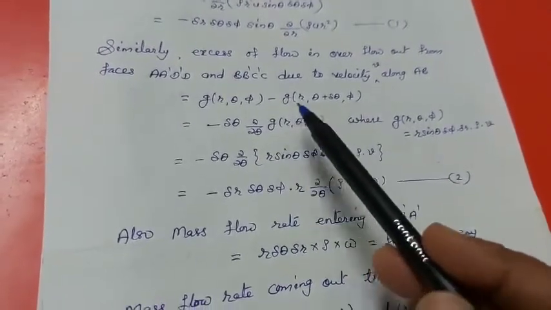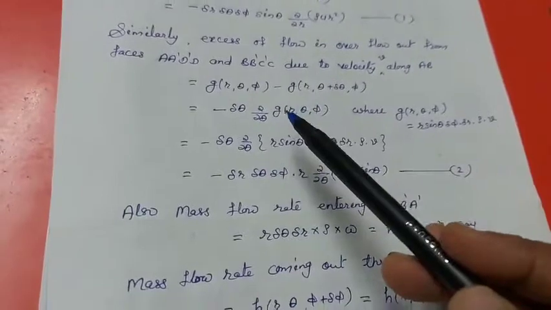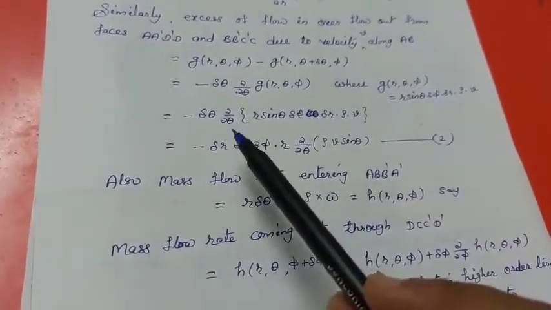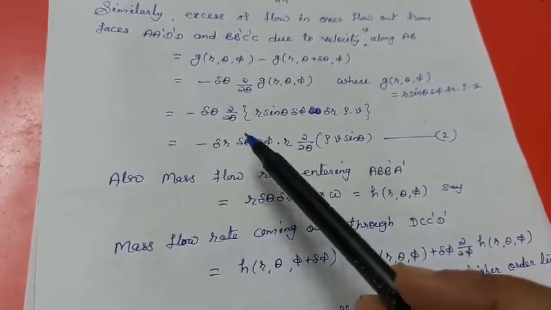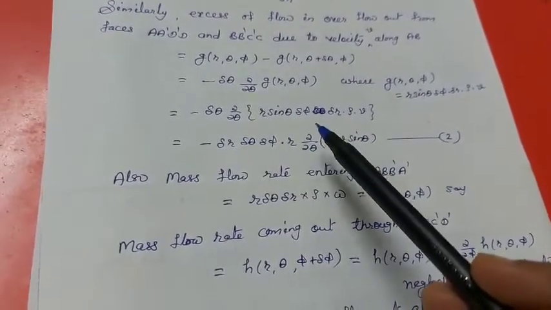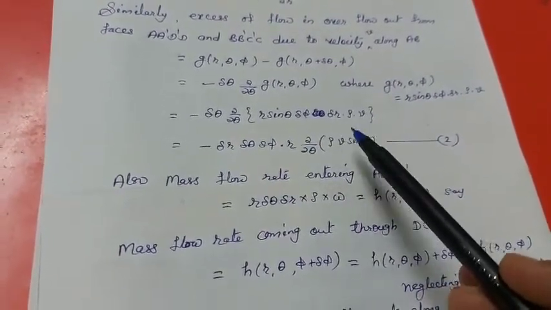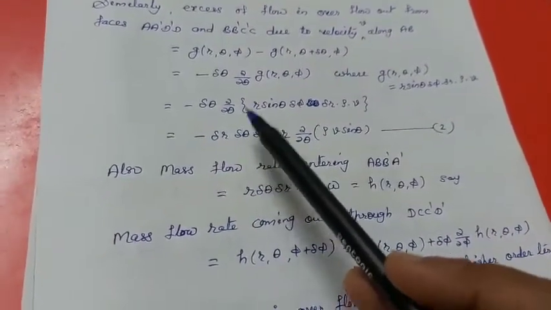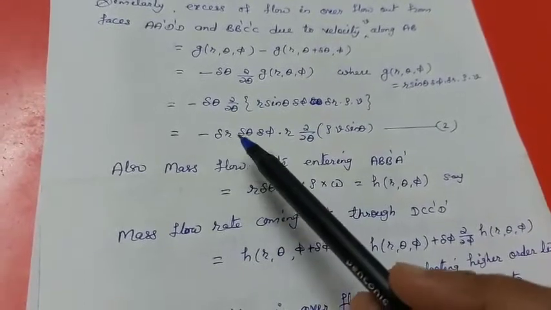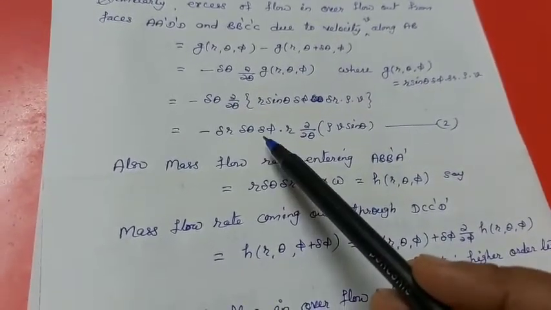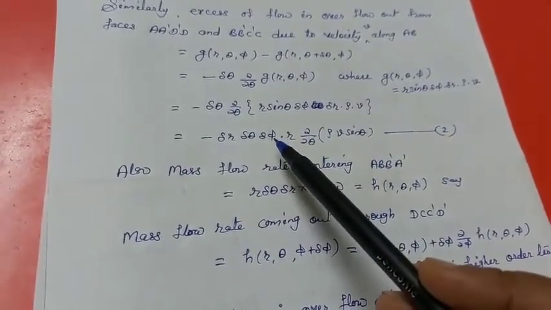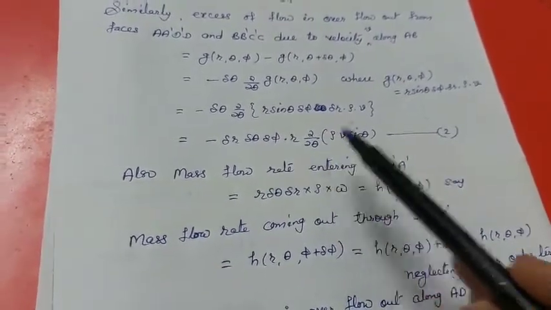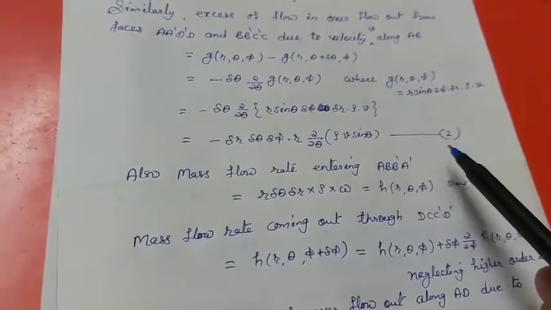Now again substituting the value of g of r, theta, phi, we have minus delta theta del by del theta of r sin theta delta phi delta r rho into v. Then partially differentiating with respect to theta, we have minus delta r delta theta delta phi r into del by del theta of rho v sin theta. Suppose this is equation number 2.